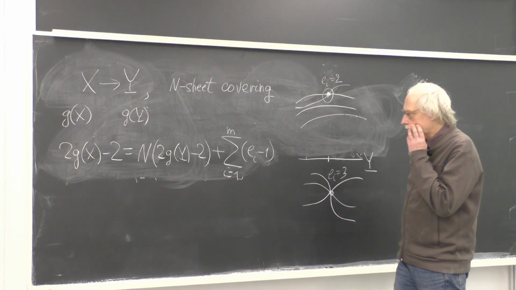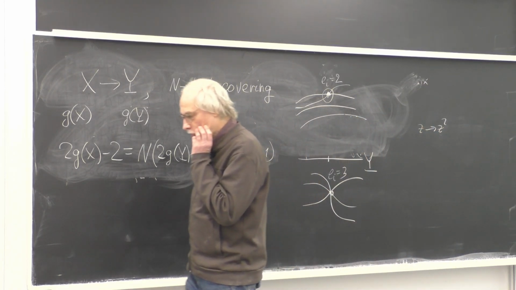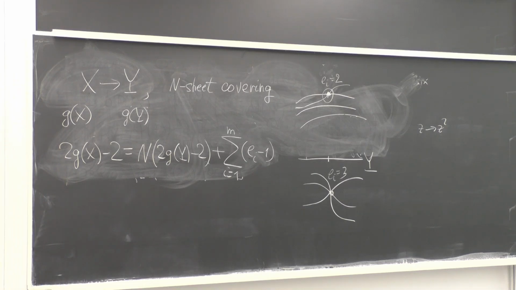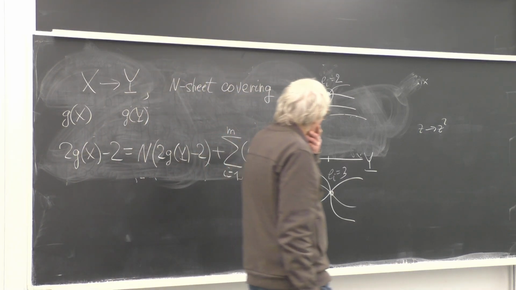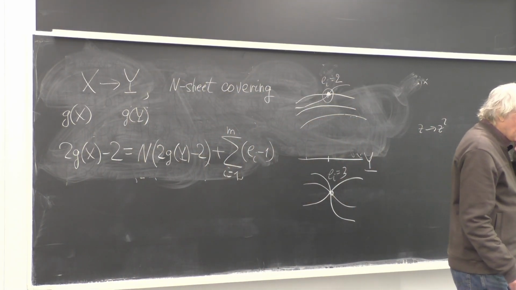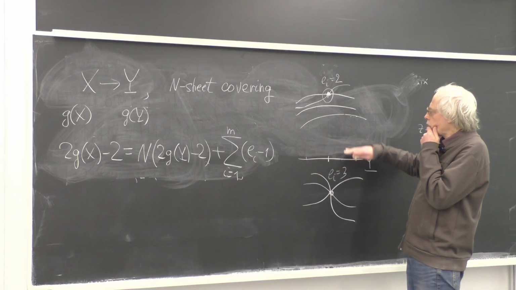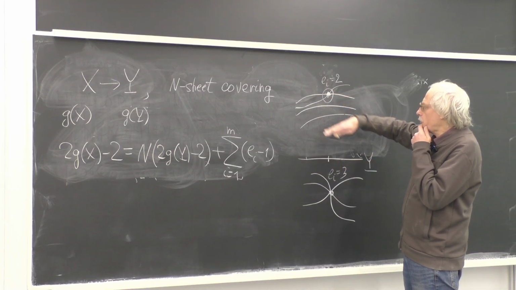So this is the formula, which is proved in advanced courses on the theory of Riemann surfaces. And the idea of the proof is triangulation of the base curve and of the covering curve.